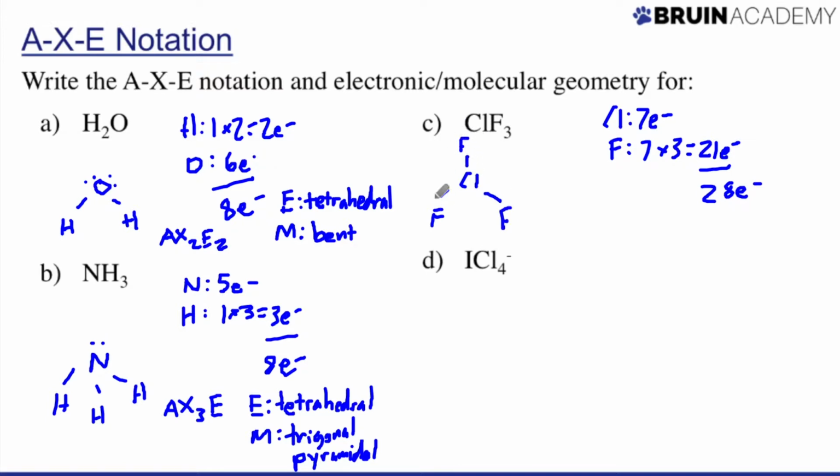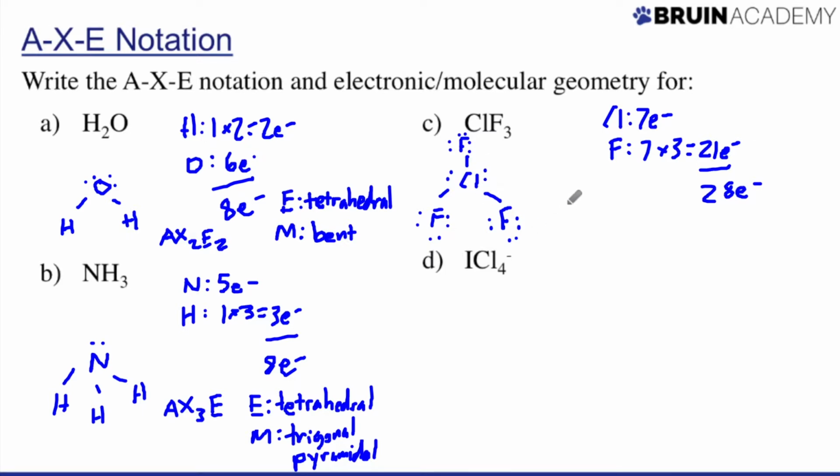And then my next step is to give all the non-central elements a full octet. Those are my fluorines. Basically to each fluorine, I give 3 lone pairs. In total, I've used 24 electrons at this point, but I have 28. And so for the extra 2 lone pairs, I put them on the central atom. And here notice that chlorine has more than 8 electrons around it. That's okay, because it can accommodate an expanded octet.